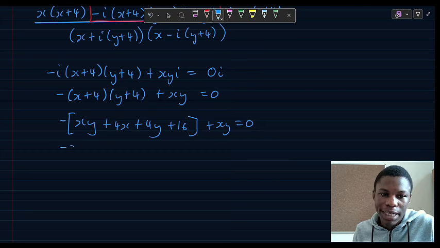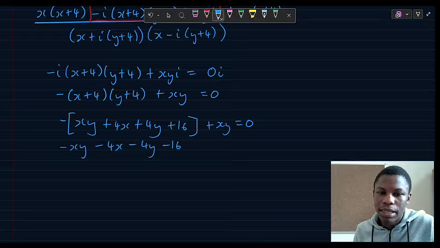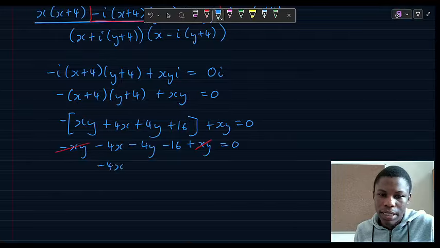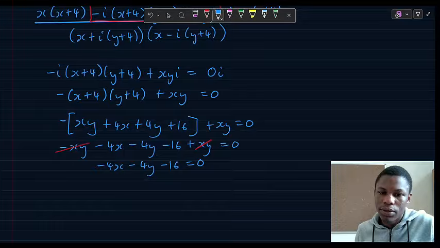Multiply through by the negative, so negative xy, negative 4x, negative 4y, negative 16, plus the xy is equal to 0. The xy and the negative xy cancel out, so we end up with negative 4x, negative 4y, negative 16 is equal to 0.